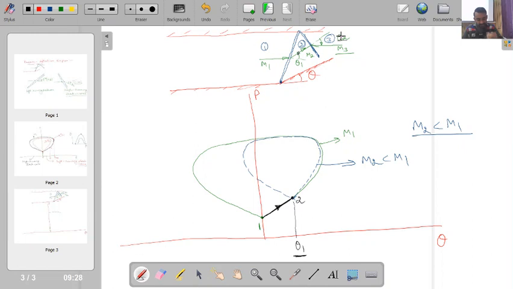From this point 2, I have to move in the direction of decreasing theta, until the angle of deflection becomes theta 2. Starting from this point I have to move back theta 2.